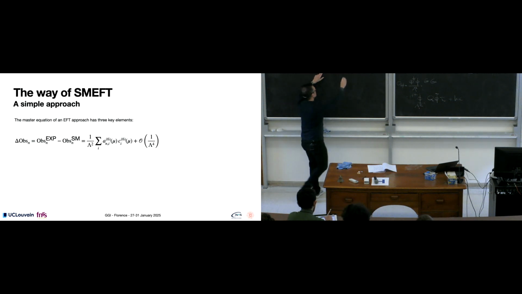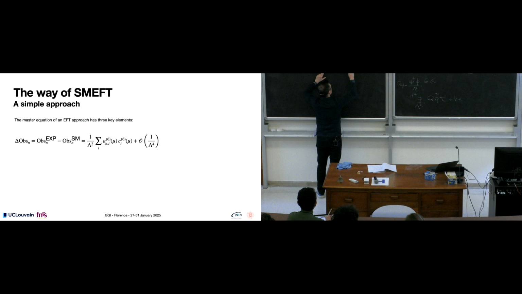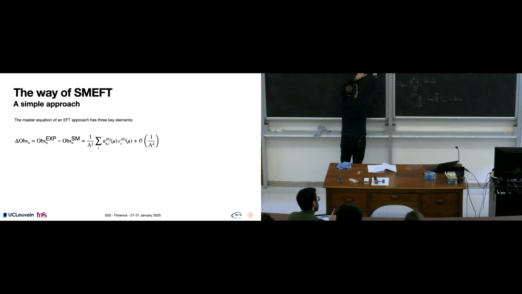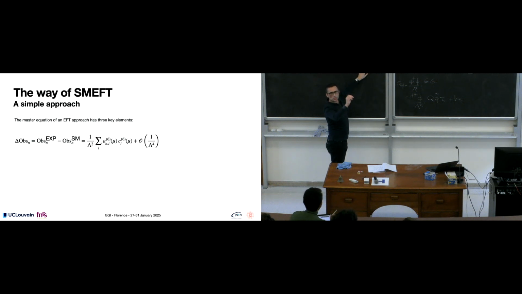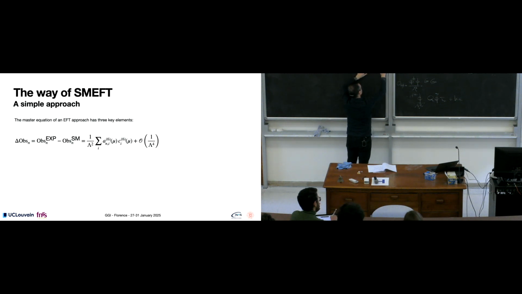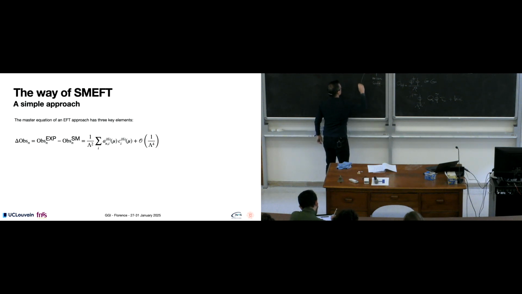And this difference is parametrically proportional to coefficients which are calculable in perturbation theory. These are the diagrams which I compute putting one insertion in each of the diagrams like I did before, times the Ci, which are the Wilson coefficients. Okay, so this is computable perturbatively.